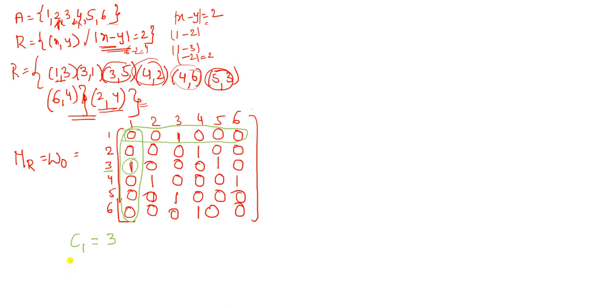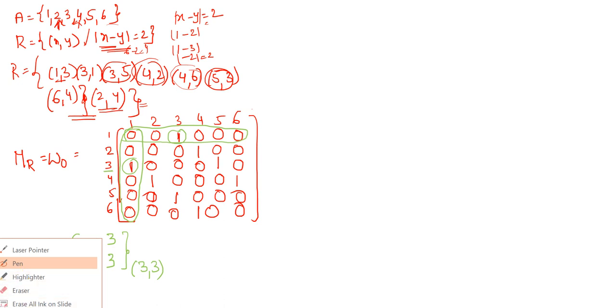And next check row 1. Where is the 1 value? Here we have the 1 value, that is the third position, so here 3. So from these two, what is our new pair? 3 comma 3. Now we have to insert 1 at the 3 comma 3 position.